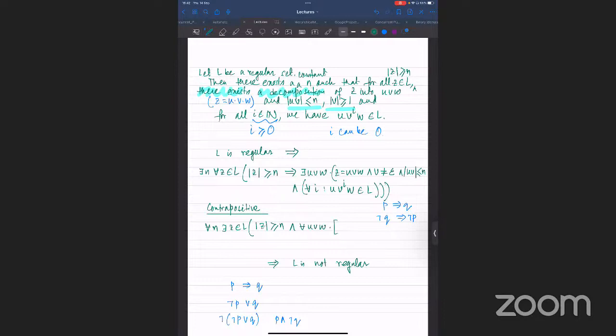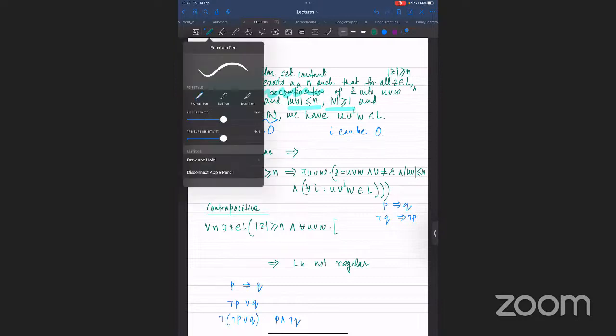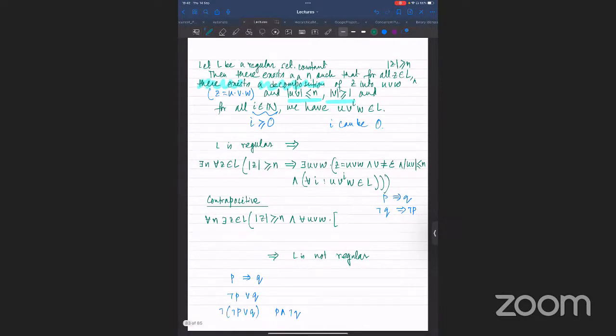Now again, you see that we have several conjunctions here: A and B and C and D, so four conjunctions.